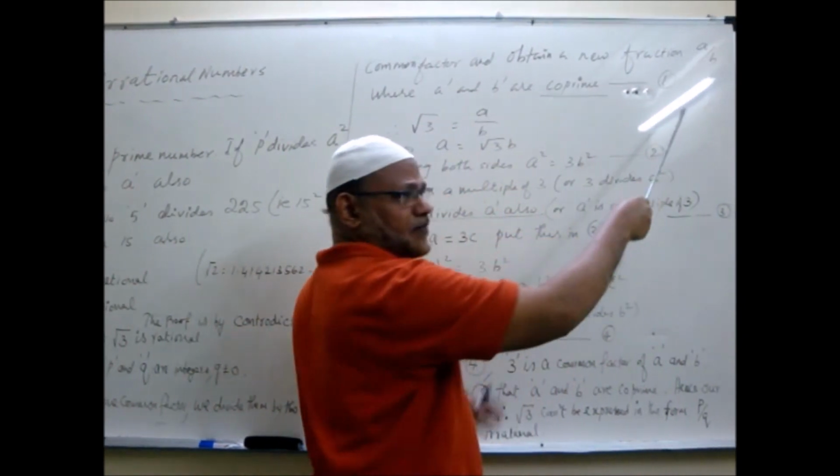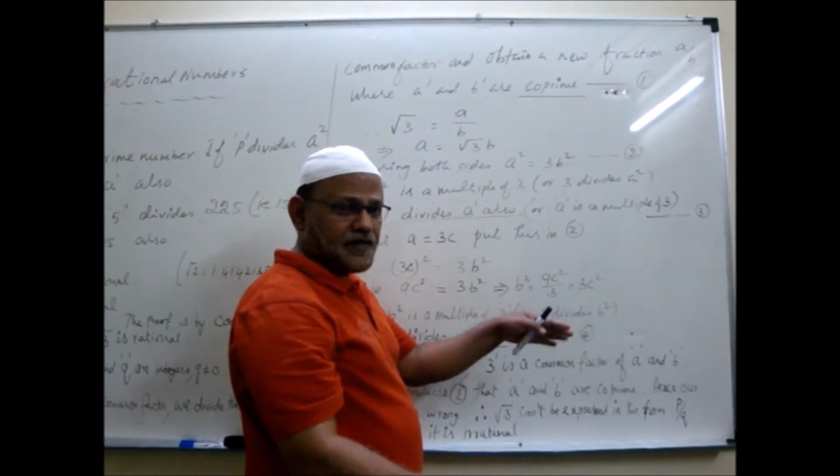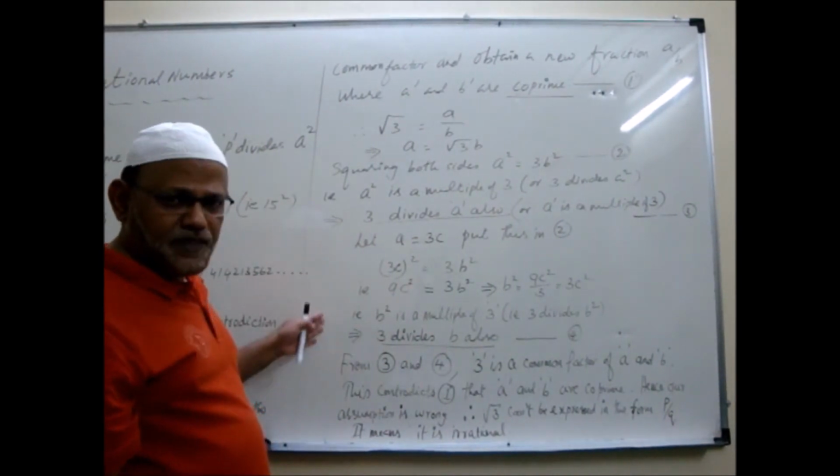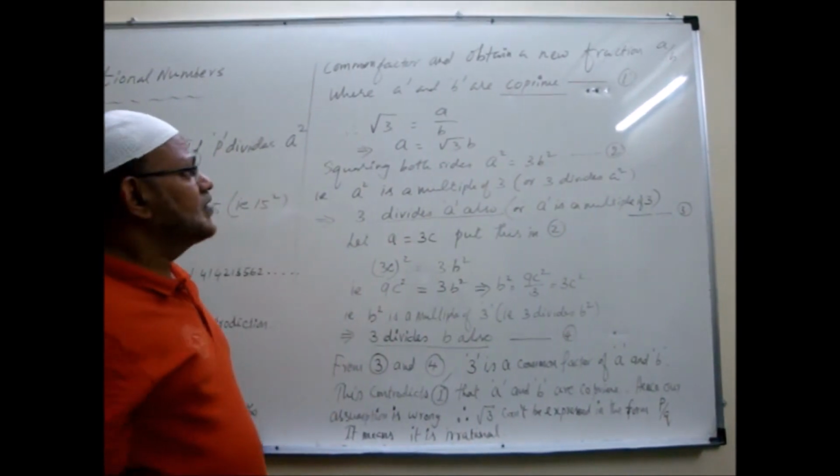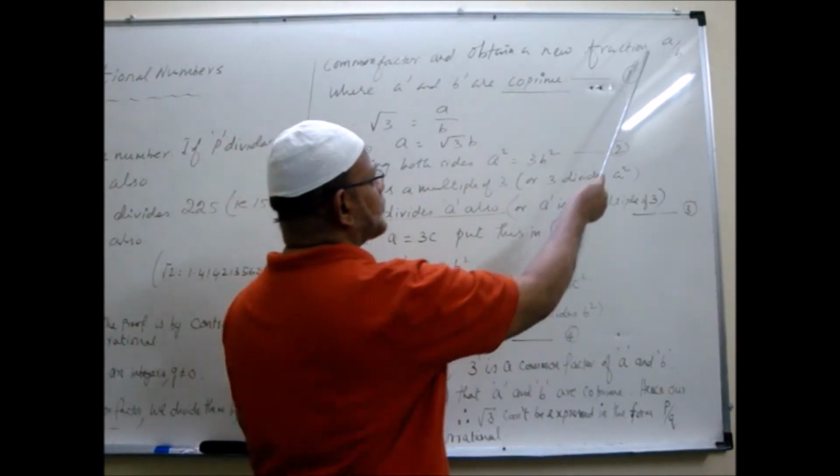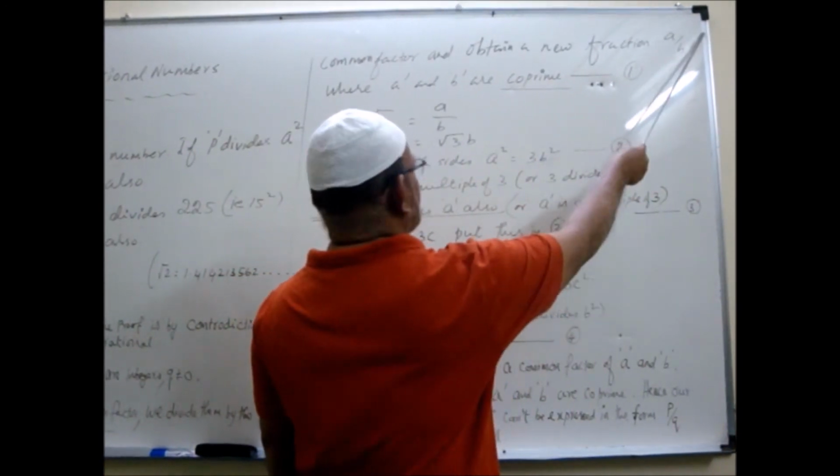I got p by q became a by b after simplifying. How did our 10 by 15 become 2 by 3? In the same manner. So p by q becomes a by b.